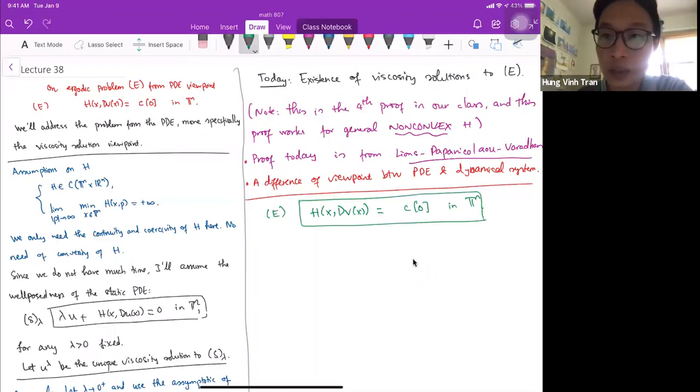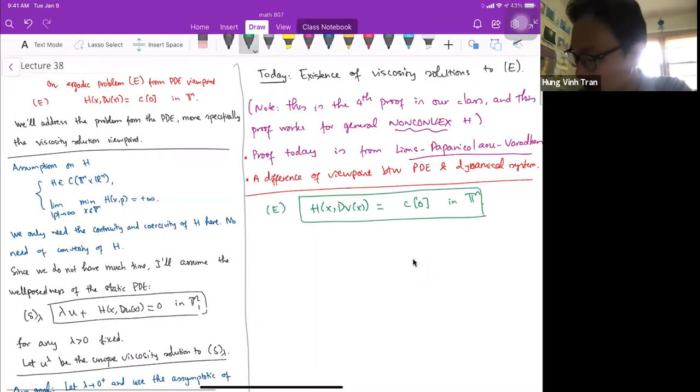To make the discussion clear, I want to make a remark right away that the equation E doesn't contain the zero order term, V itself.